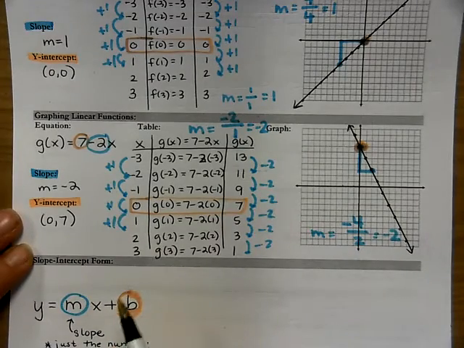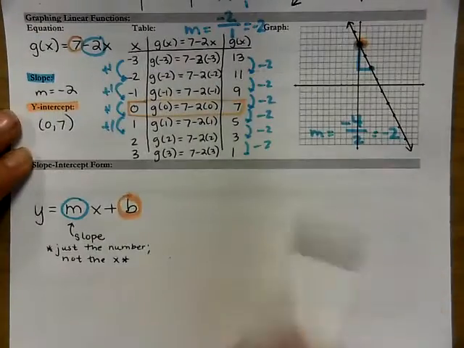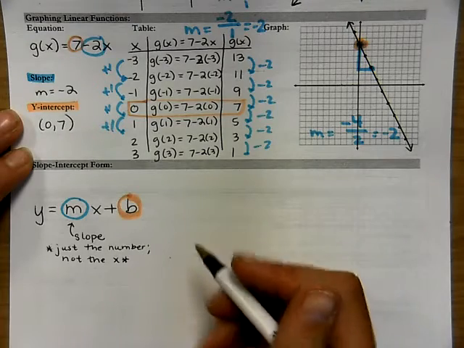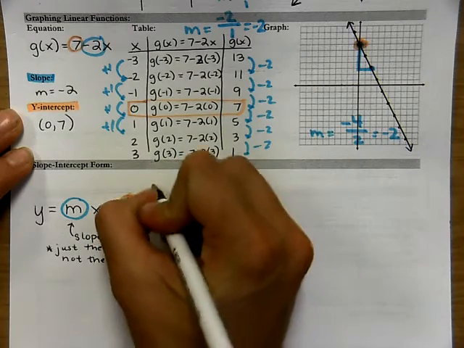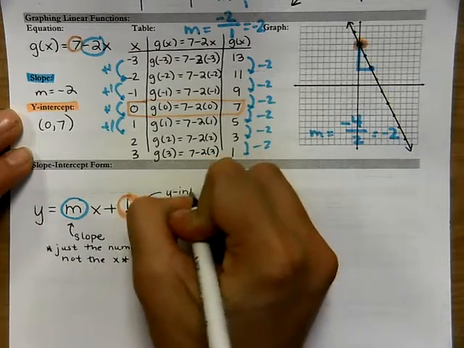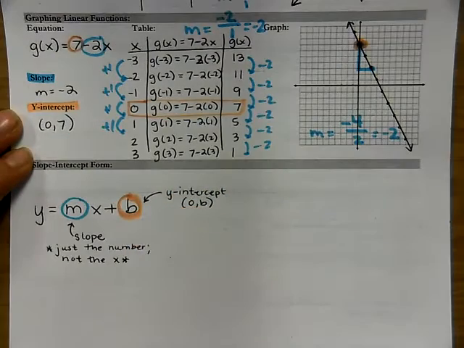So if I were to ask you for the slope, you wouldn't say, in this case, negative 2x. You would just say negative 2. Okay, so it's the slope, just the number, not the x. And then this guy right here gives you what the y-intercept is. The y-intercept is 0, comma, b, whatever that b value is.